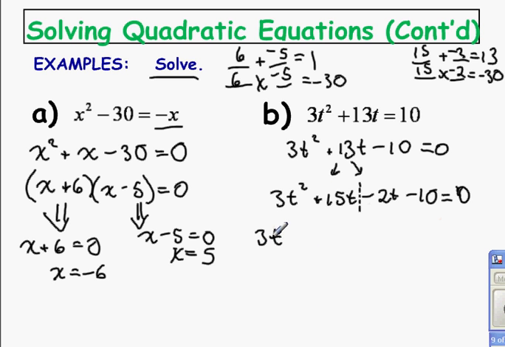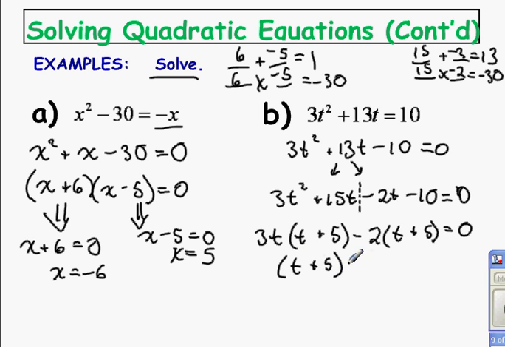Our common factor is 3t, and we're left with t plus 5. And the second half here, the greatest common factor is negative 2, and we're left with t plus 5. Okay, so our final factored form is t plus 5 and 3t minus 2.